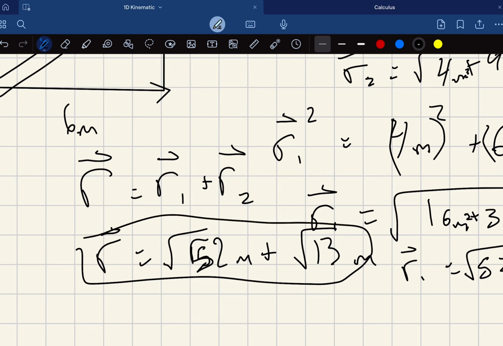That is our answer. For those of you who plug into a calculator, I will plug this all in right now and tell you what this is equal to. This is equal to about 10.89 meters. So if you got something similar to that, then congrats, you got the question right.